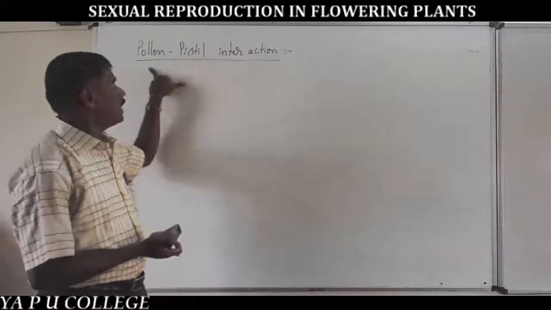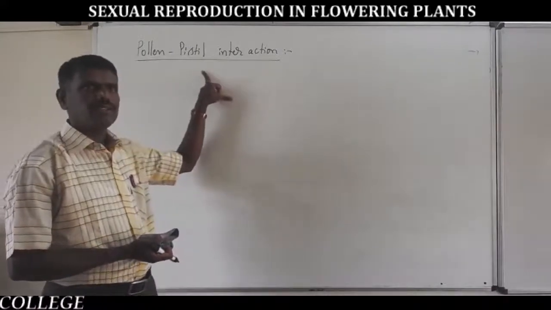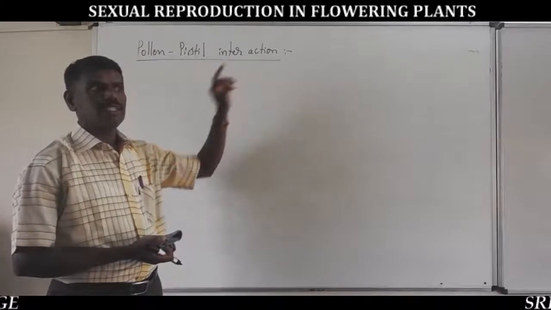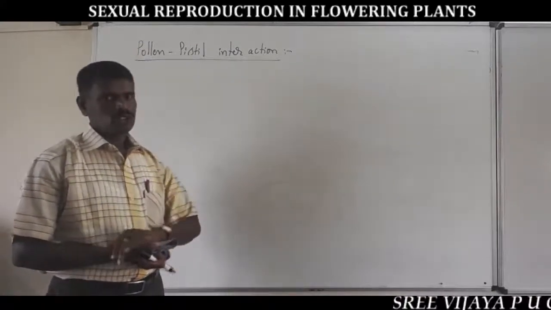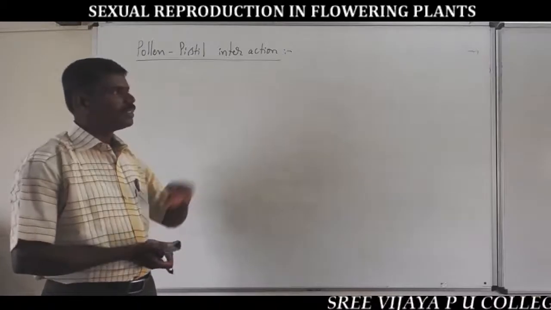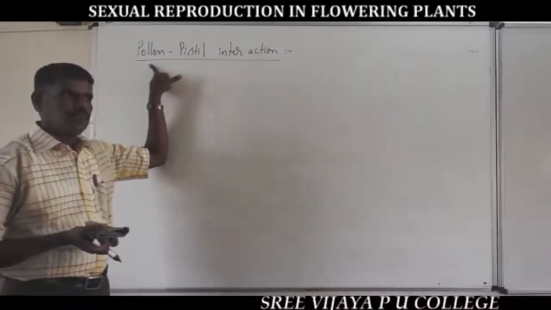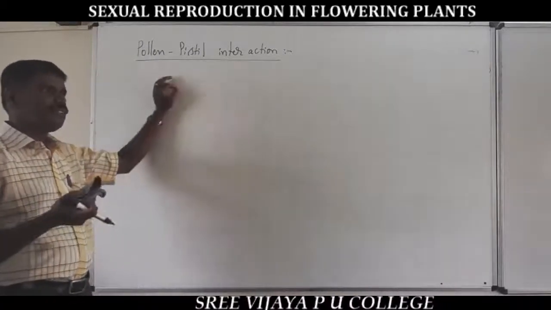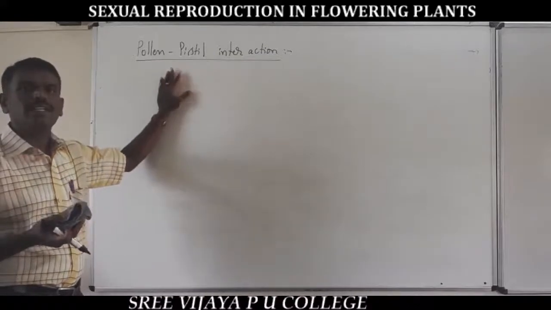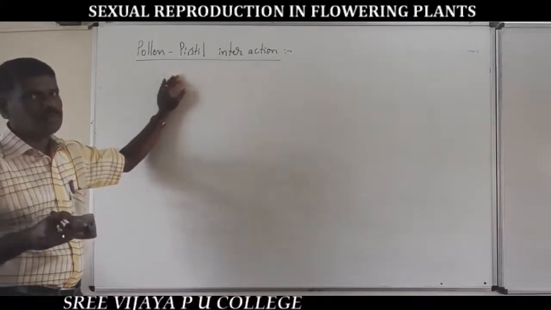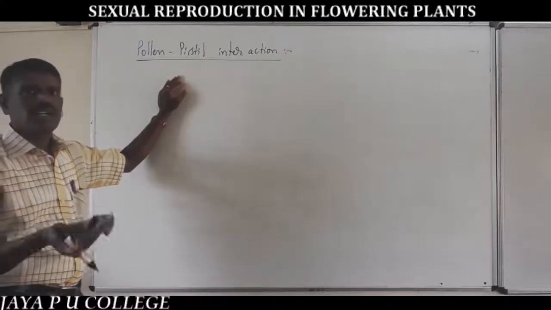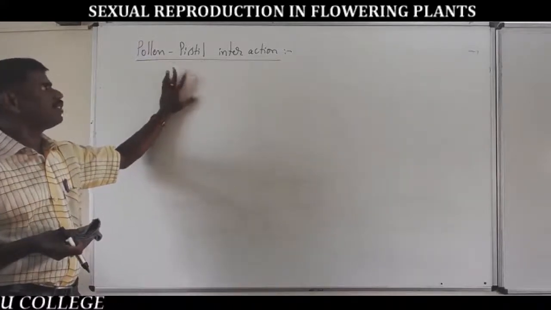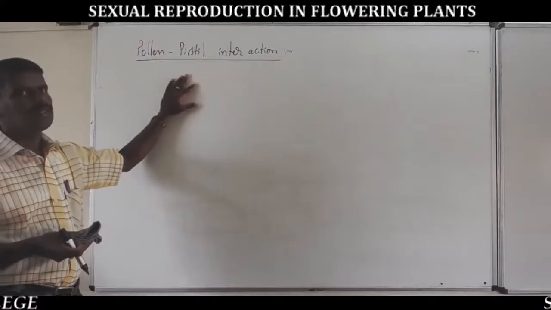The pollen grain and the pistil interact with one another at the time of fertilization, because the pollen grain released from the anther falls on the stigmatic surface of the pistil.